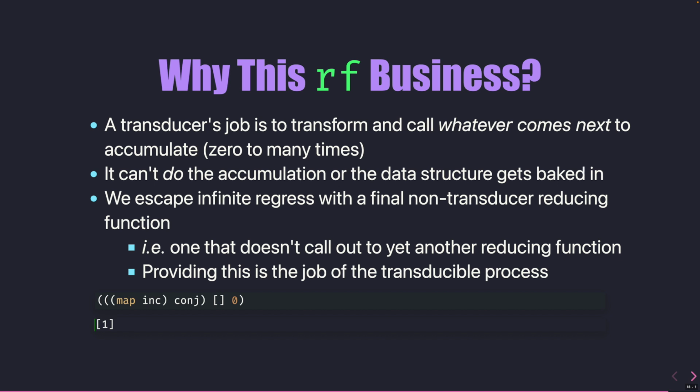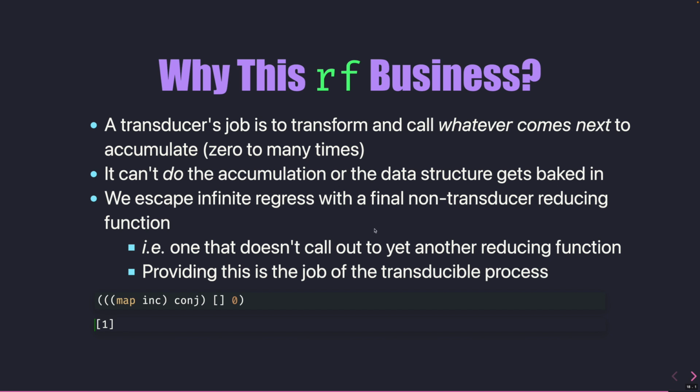And so if we have this chain of these transducers that are each calling RF, how do we escape this infinite regress, right? At the end of that chain, there's got to be something that is not just a transducer calling another RF, which is a transducer calling another RF.